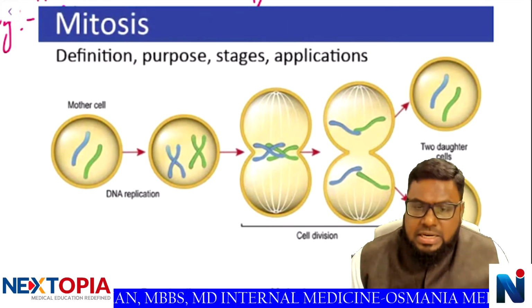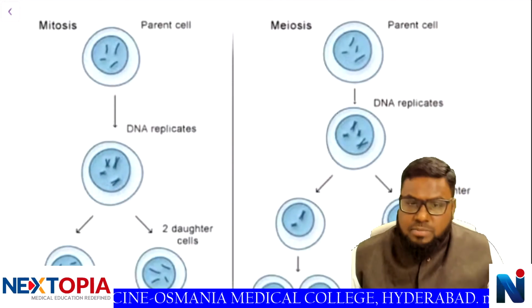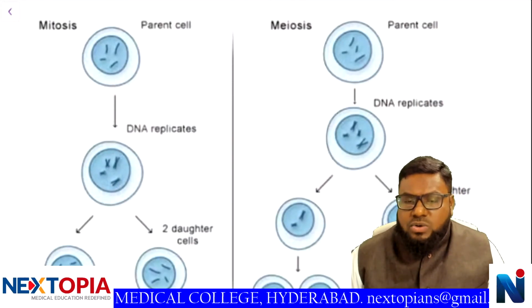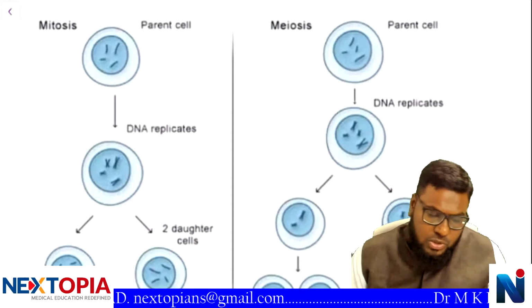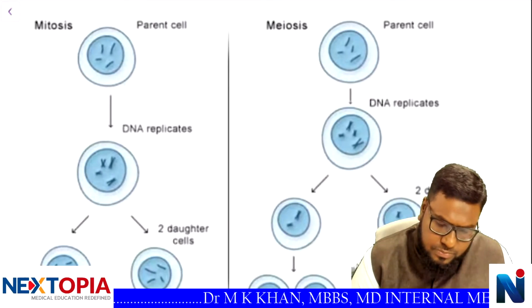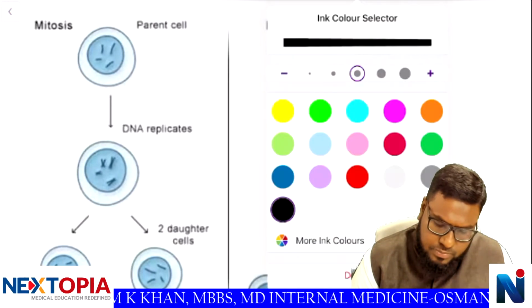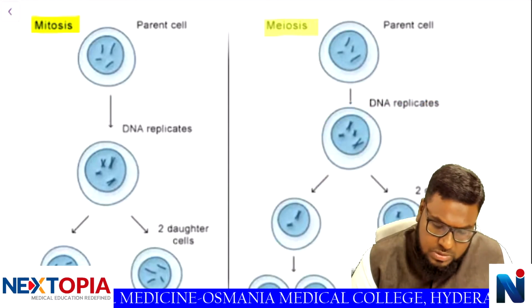So cell division is divided into mitosis phase and meiosis phase. If you can see this diagram, cell division is divided into mitosis and meiosis.